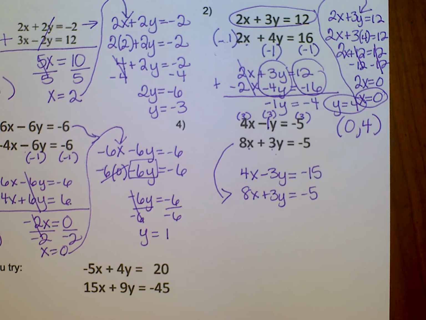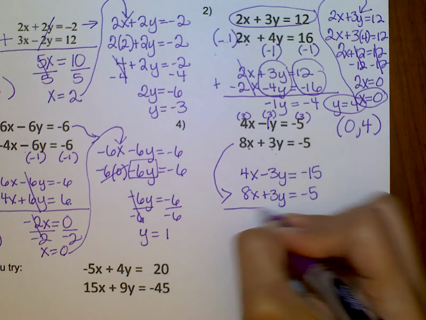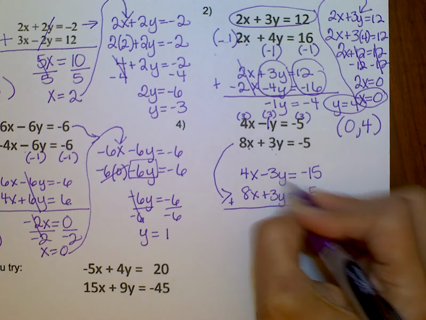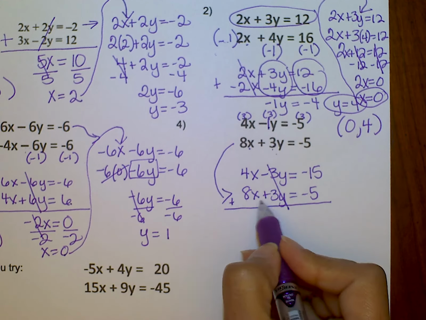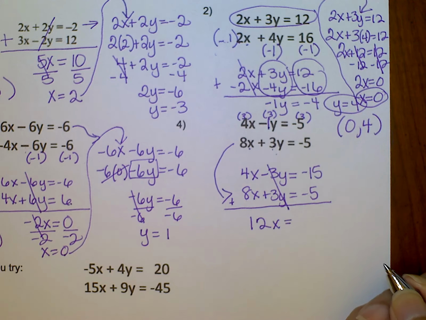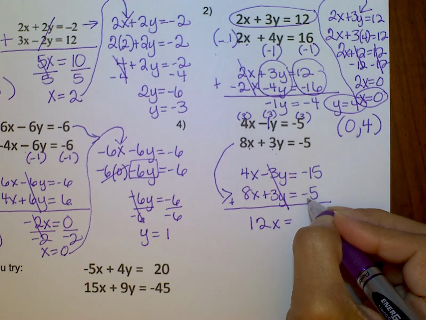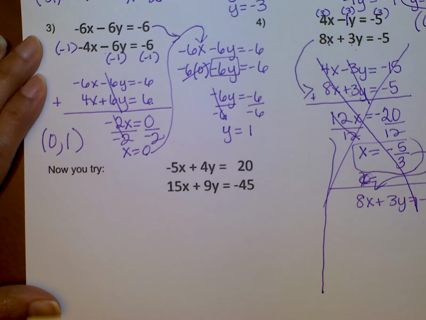Okay? So as I'm looking at this particular problem, I see two opposites, which is what we wanted. So now we can actually go ahead and add. So we can cancel that out. 4x and 8x is 12x. Okay? And then negative 15 and negative 5 is actually going to give you negative 20.